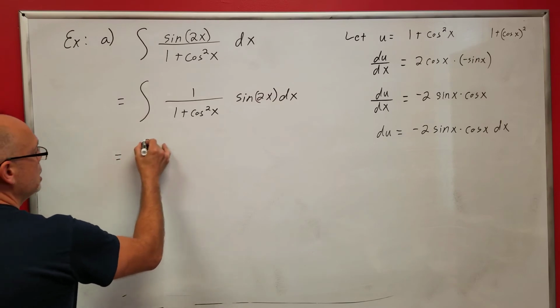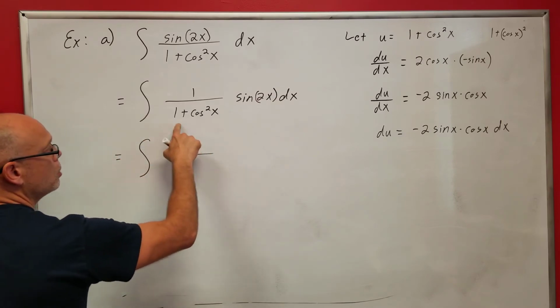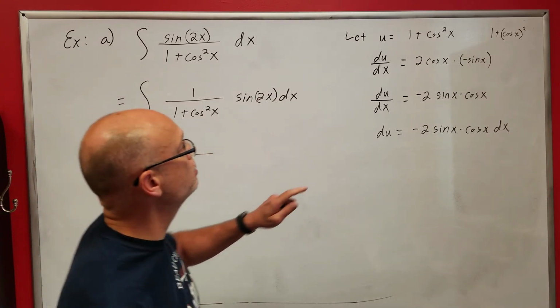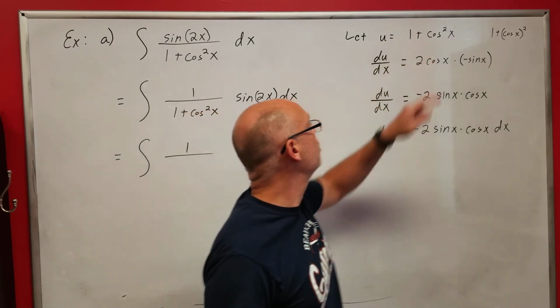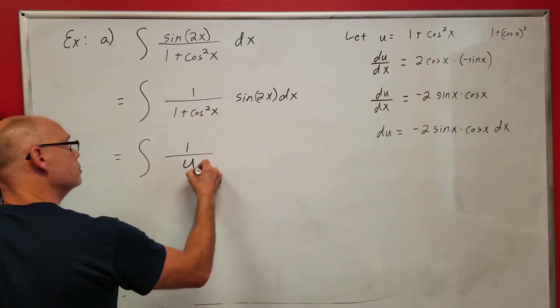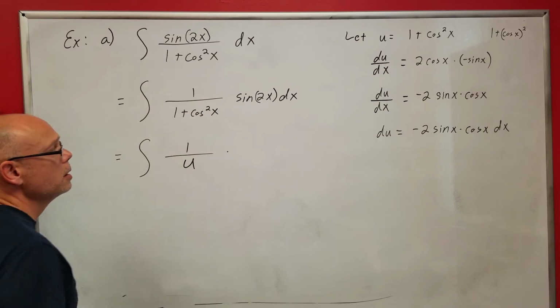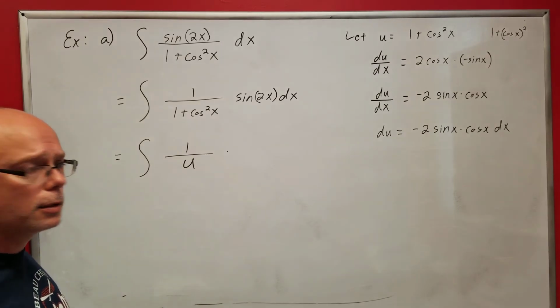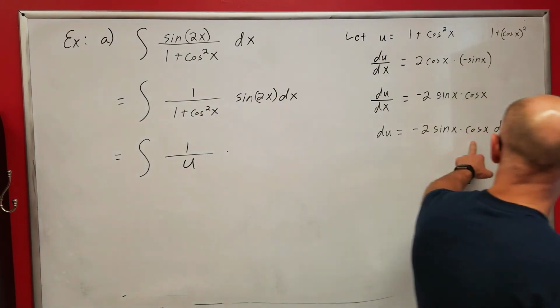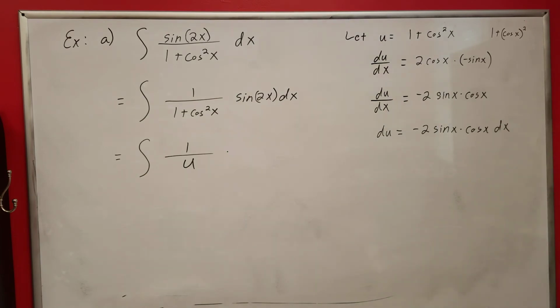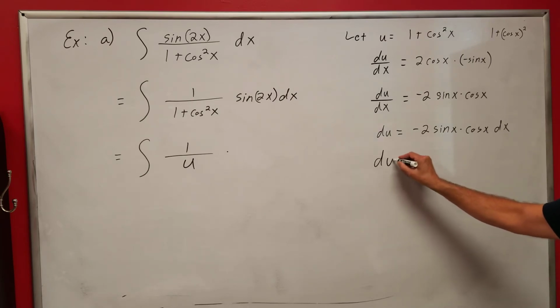All right, well, let's see. This is the integral of 1 over, what did I call 1 plus cosine squared? Call that u, times sine of 2x dx. Now, do I have sine of 2x dx right here to replace? Not really, right? What can I do with this stuff?